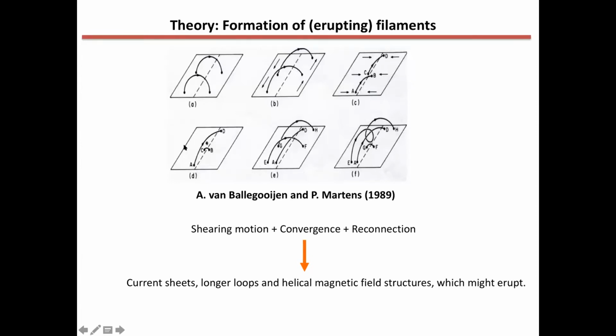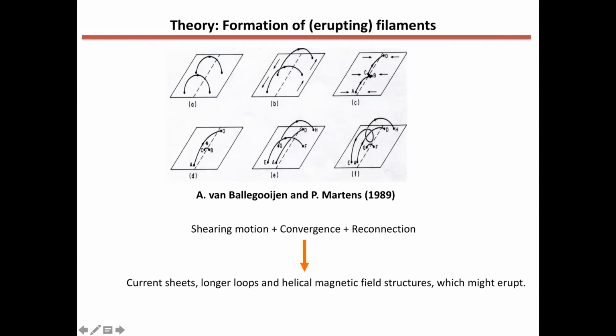So this goes back to 1989, van Ballegooijen and Martens. They saw this kind of scenario where you have magnetic field lines, polarity inversion line, shearing that you mentioned before, then magnetic field lines come together. They are oppositely directed. If you look at the arrows here, they show the direction of the field lines. When they come together, they reconnect.